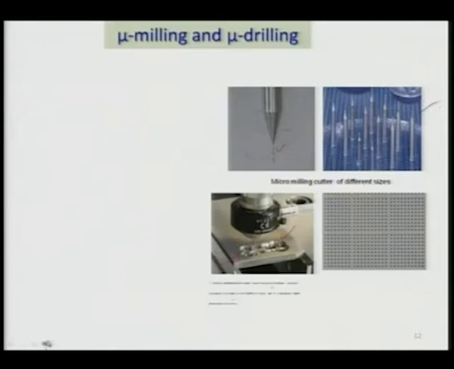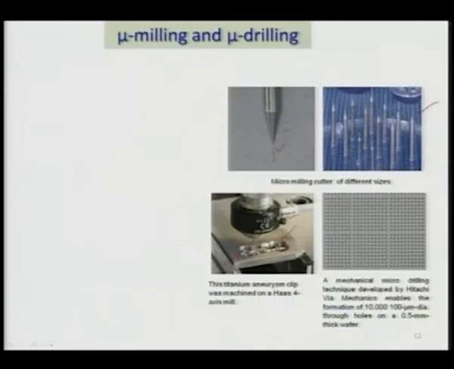And then here is a titanium NSM clip that was machined on a 4 axis milling machine. Then you have a mechanical micro drilling technique developed by Hitachi Via Mechanics, which enables the formation of 10,000 holes of 100 micrometer diameter through a 0.5 millimeter thick wafer.